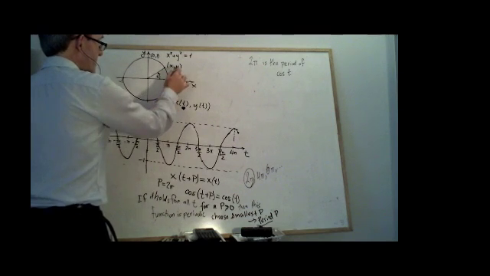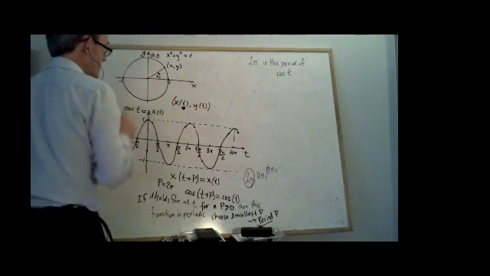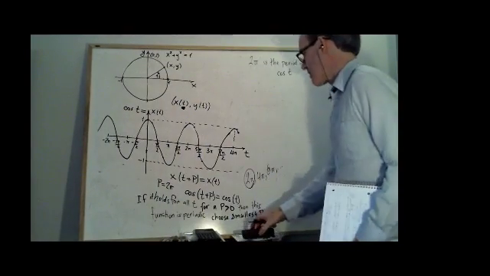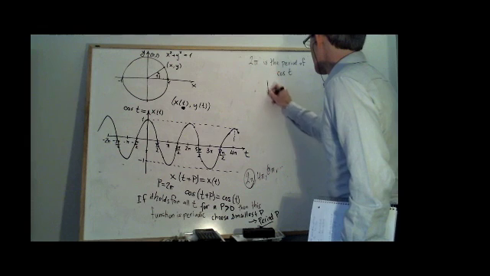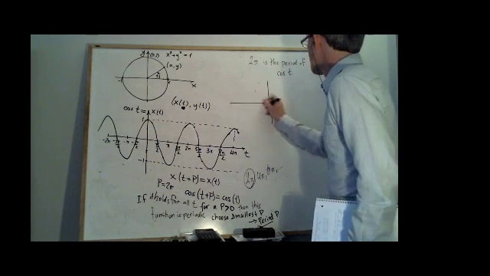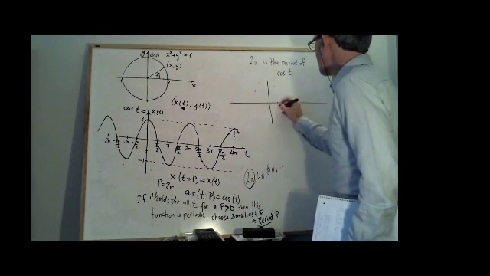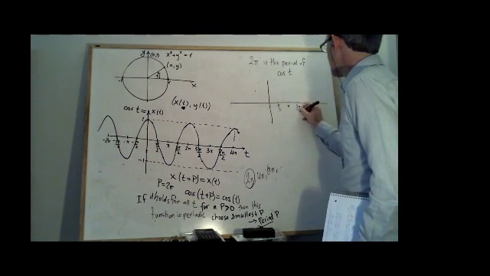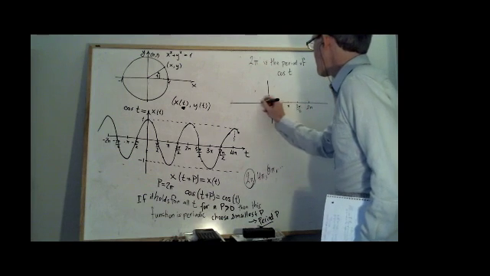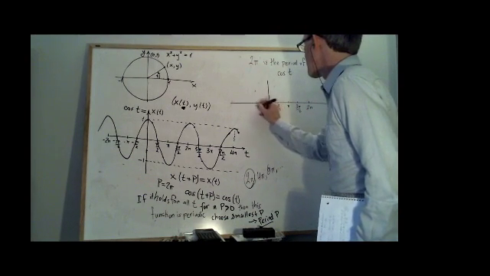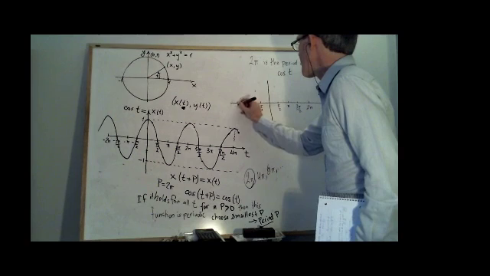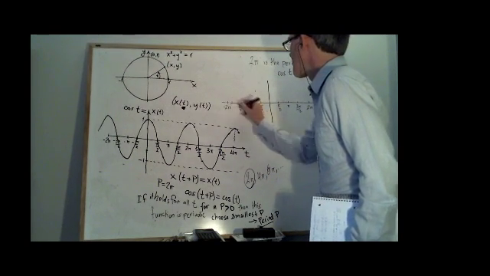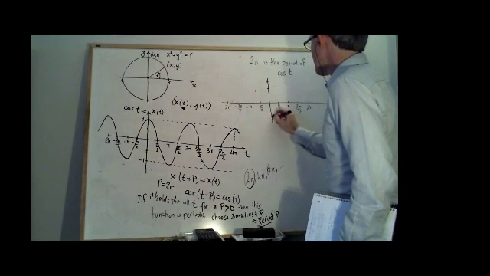We'll see by graphing y of t versus t. Here's pi over 2 again, pi, 3 pi over 2, and 2 pi. And we'll go the other way, minus pi over 2, minus pi, minus 3 pi over 2, minus 2 pi. And 1 is here, minus 1 is here.